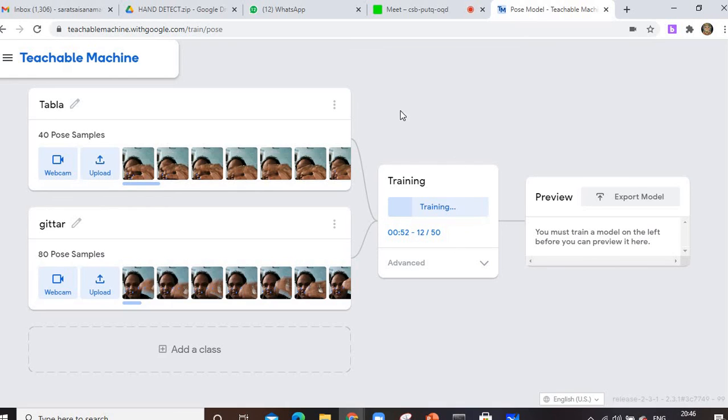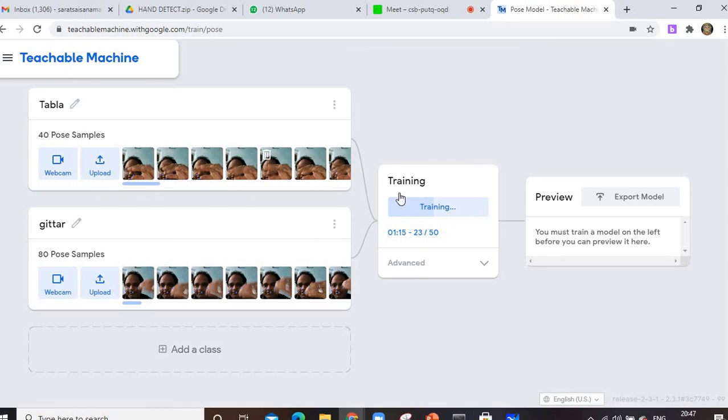This is possible only through deep learning, not the machine learning whatever we are learning now. I'm just giving an overview. It uses a convolutional neural network.